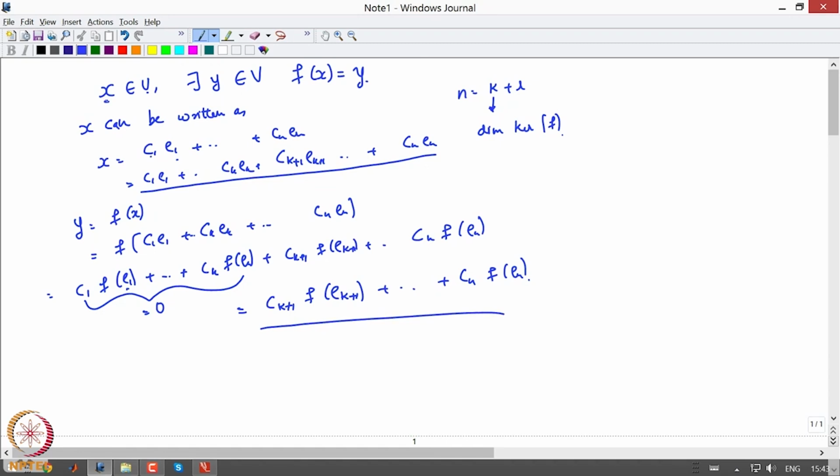Okay, now what is to be shown is that f(e_{k+1}) till f(e_n) span the image of f, right.